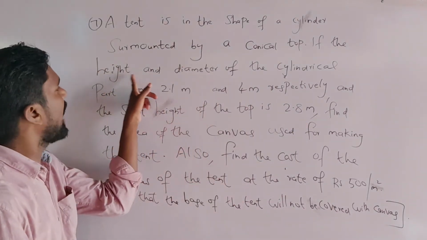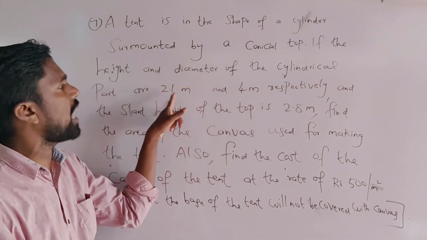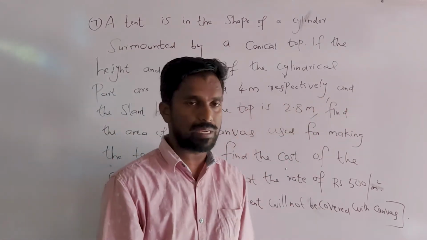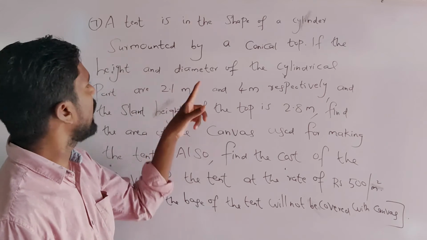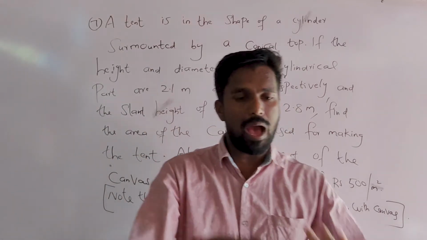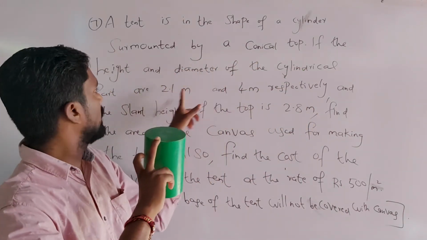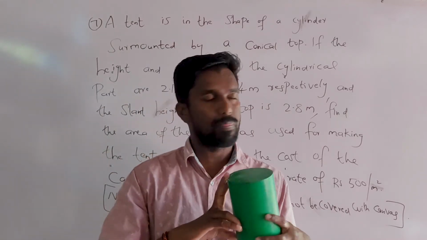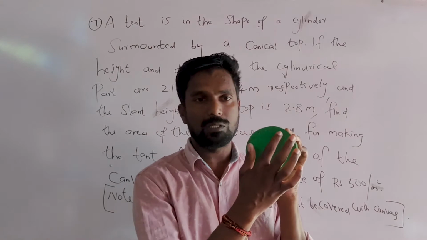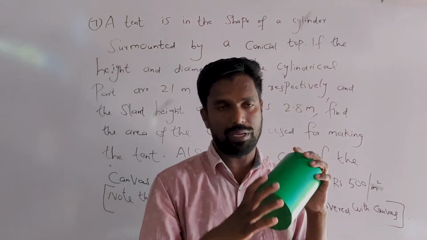If the height and diameter of the cylindrical part are 2.1 meter and 4 meter respectively. Cylindrical part height, that means this portion height, is given in the question as 2.1 meter. And diameter of the cylindrical part is 4 meter. Diameter 4 meter means radius is 2 meter.